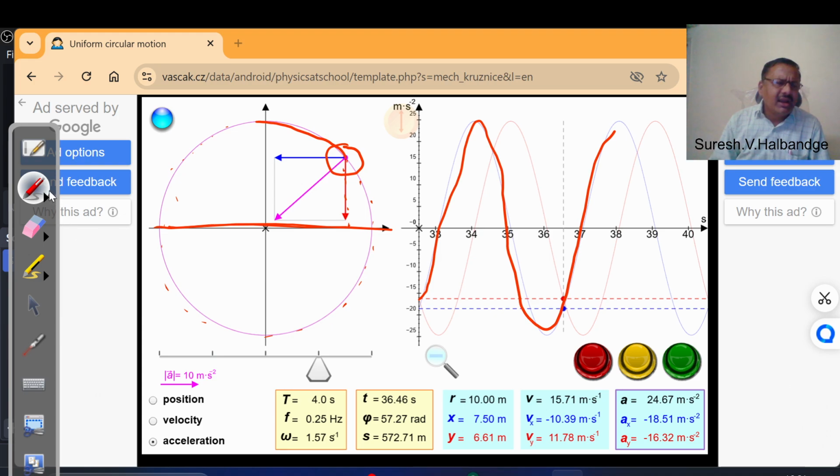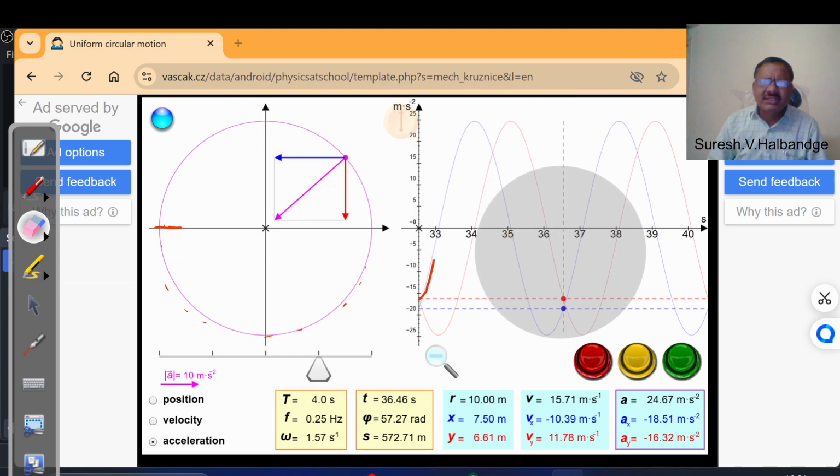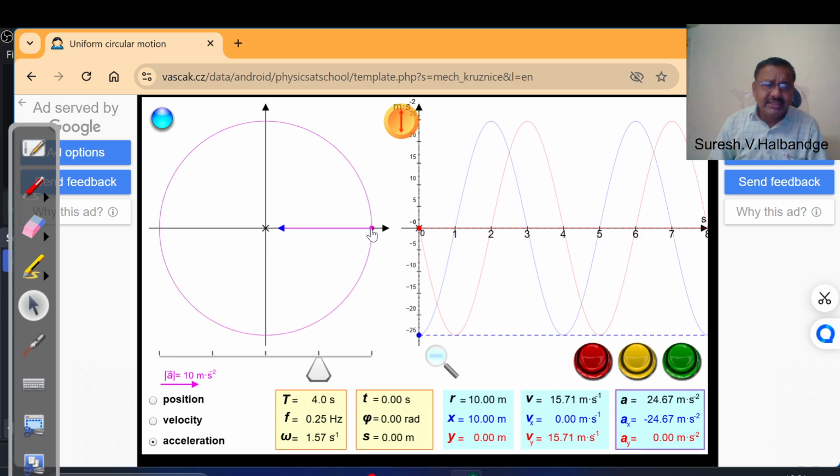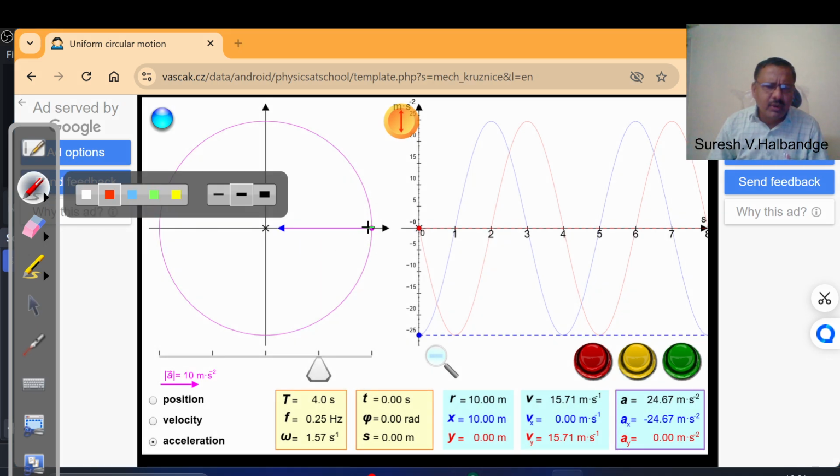Okay, now I will reset this to the original position and I start the animation. Now it is at this point, the particle performing circular motion is at this point. Another particle moves along the circumference of the circle, and the particle performing wave motion is at this position.